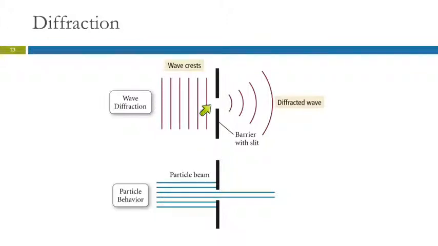So the wave comes here, and as it hits this barrier, it diffracts, and what you get is a curved wave that's coming through. Particles don't do that. When particles hit the barrier, they just either stop or bounce off. If they hit the slit, they just go straight through. So particles and waves behave differently when they encounter a slit. We observe this with light waves. You can also observe this with waves on water.